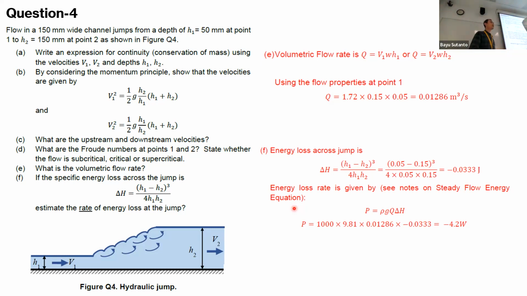Mass flow rate multiplied by g H. M dot g H. Because we don't calculate the mass flow here, so we convert to rho Q. But it's similar with question 1 when we calculate the energy for pumping. So energy loss is similar with pumping, here similar with turbine and so on, in the unit, I mean. But they have a different definition. It's coming out from the system or it's coming in through our system.